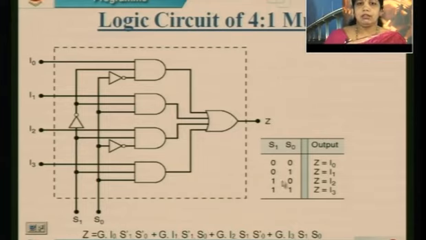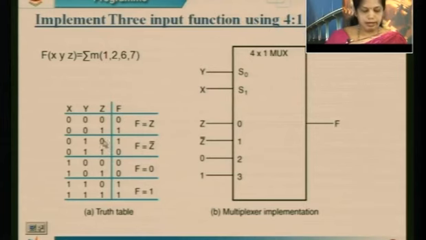Similarly, if I take 1 0, so S naught will be 1 and S1 will be 0. In this case, since S naught is 1, this AND gate will be high.